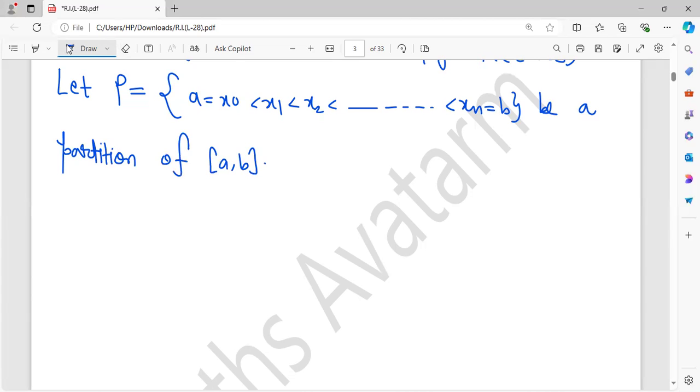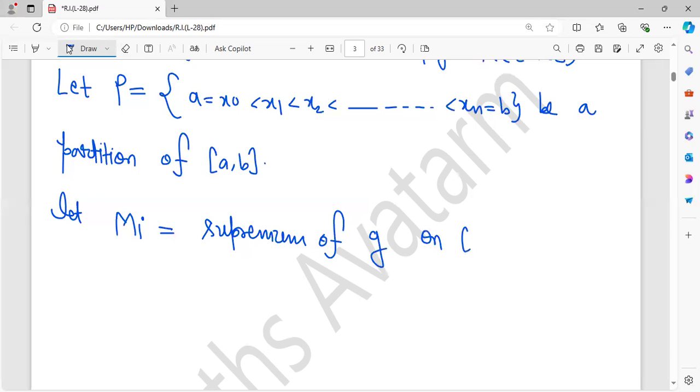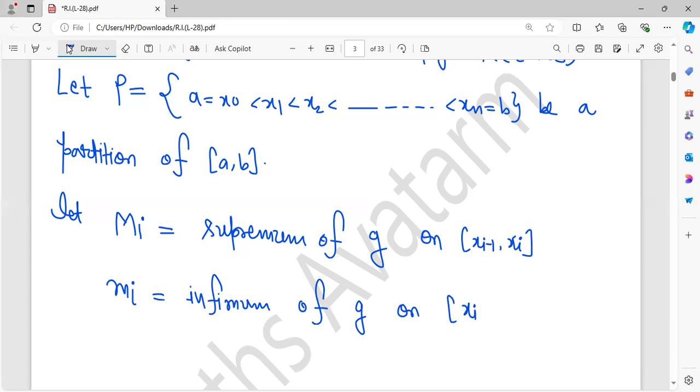Let Mi be the supremum of g on [x_{i-1}, x_i], and small mi be the infimum of g on [x_{i-1}, x_i].